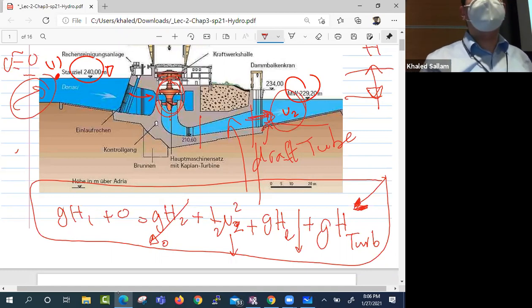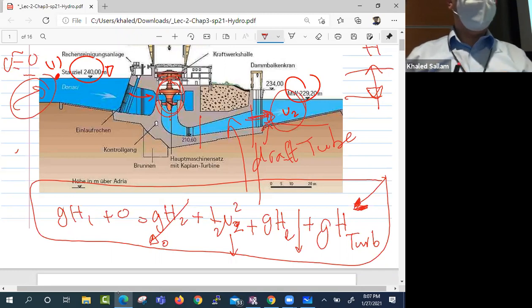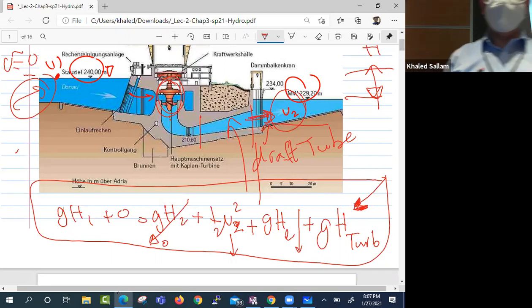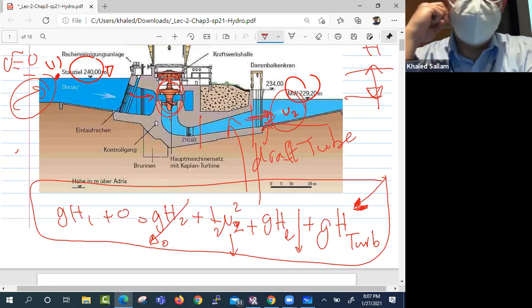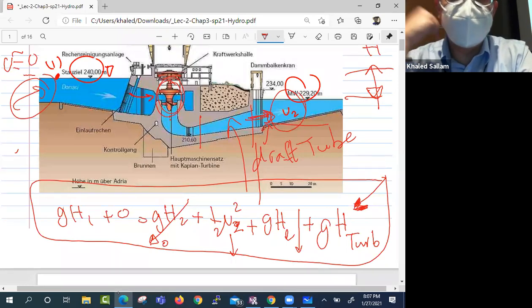Basically, how does this Bernoulli equation, which is for the whole box, work at the rotor? How does the turbine rotor feel it? If you know the answer, you email it to me today after the class, and the first person to answer right will get a free homework problem. All right? You understand the question?